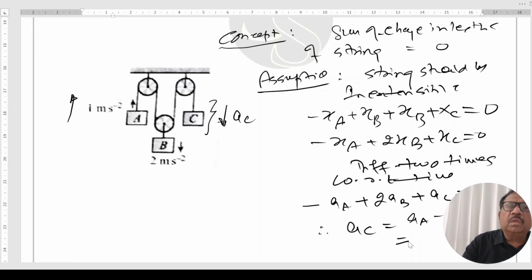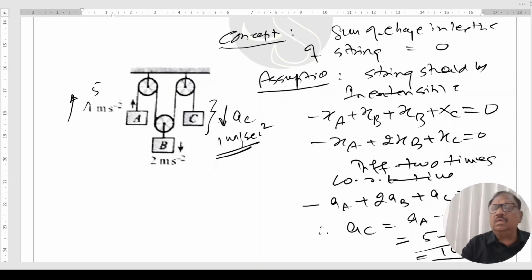Substituting values, this is 5 meter per second, 5 minus 2 into 2, that is 1 meter per second square. This answer is 1 meter per second square. As it comes out to positive, means our assumption was correct.